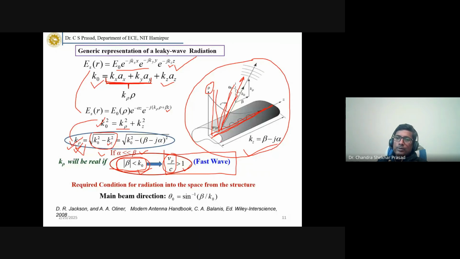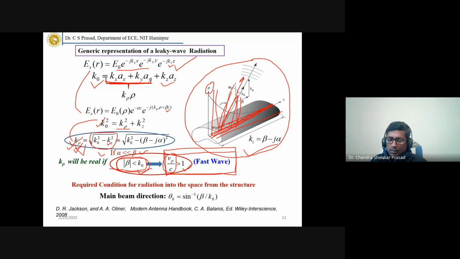That means to have some leakage of power outside of this structure, you need some fast wave propagating in this, or you need to generate some fast wave so that some power will come outside. So this is one catch to design this leaky wave antenna. To have a leaky wave antenna, you must have some fast wave.